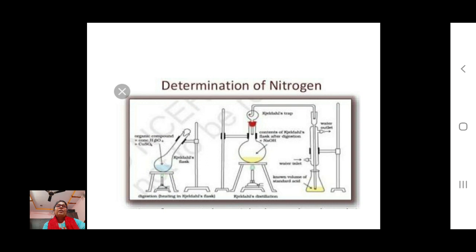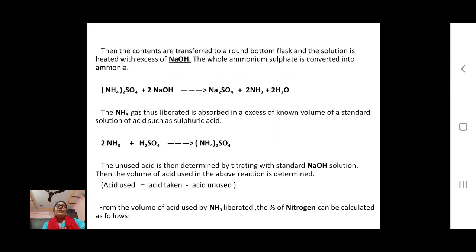In the first diagram we see the long-necked round bottom flask, the Kjeldahl flask. In this we have taken the coal sample, potassium sulfate, sulfuric acid and mercury sulfate. These are heated strongly, and then the contents are passed to the round bottom flask and heated to produce ammonia.